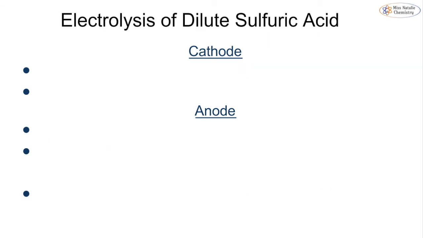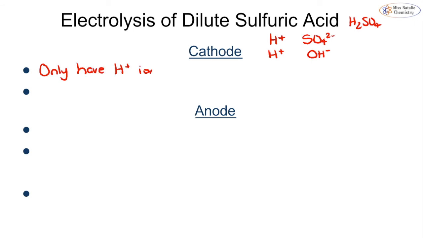I can then take that sulfuric acid that's formed, and I can actually electrolyse that. So if I have H2SO4, I'm going to have hydrogen plus the sulfate, and from the water, I still have hydrogen and I have the hydroxide. So at the cathode, we only have hydrogen ions.